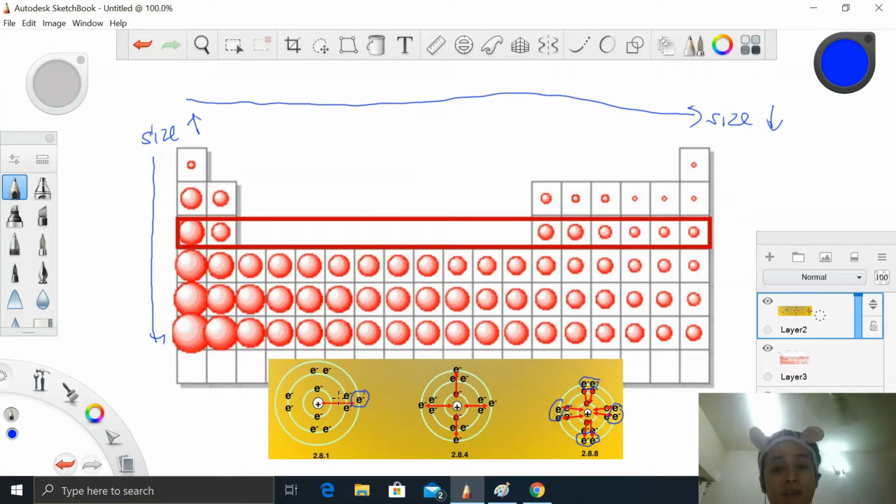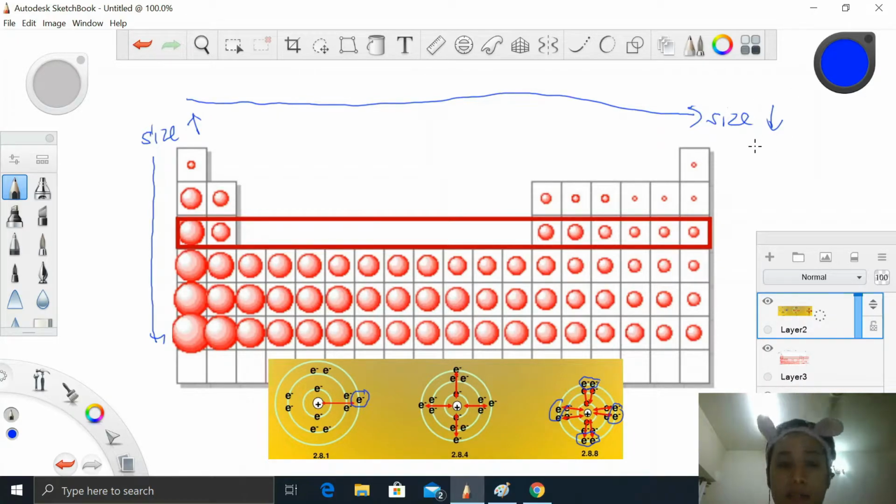The only difference is that because you have more protons, stronger nuclei attraction, your valence electrons will be pulled nearer to the nucleus, hence the size will decrease. This is very, very important. For period, size is actually decreasing.